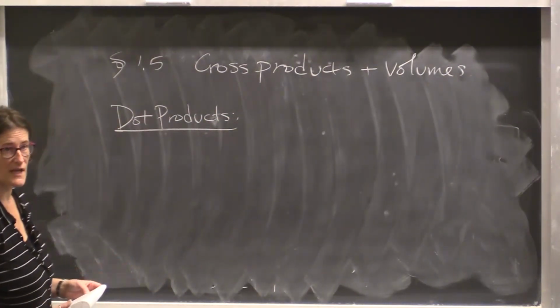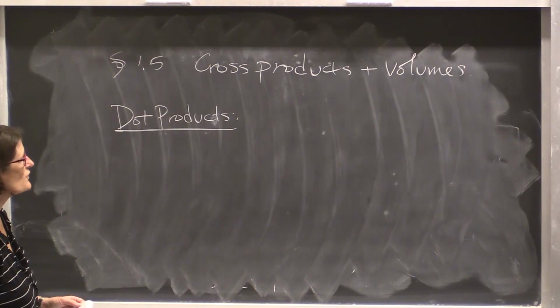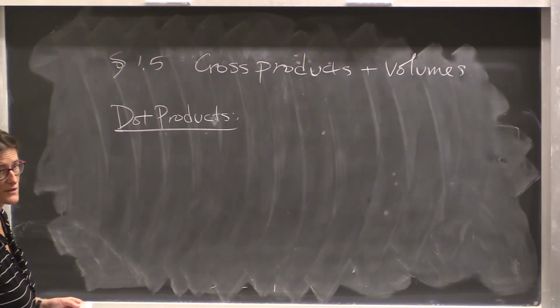So if I give you two vectors in R10, can you give me their dot product? Yes. If I give you a vector in R5 and a vector in R7, can you give me its dot product?